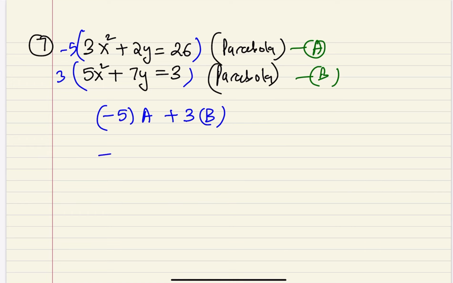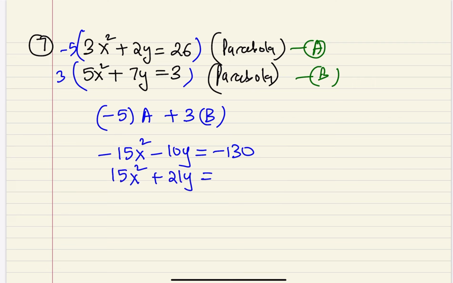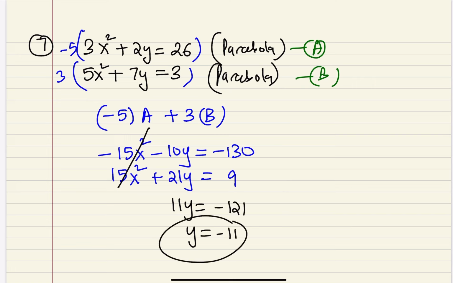So that leaves me with negative 15x squared minus 10y equals 26 times 5, which is negative 130. And then 15x squared plus 21y equals 3 times 3, which is 9. Now when we add the two equations, 21y minus 10y is 11y equals negative 121, y equals negative 11.